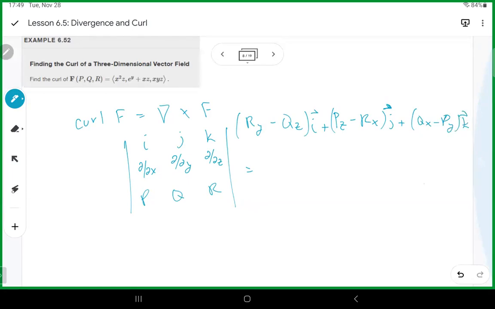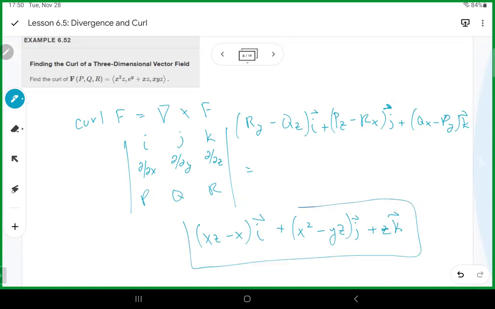So then what we end up getting is xz minus x i plus x squared minus yz j plus z k. That's all I want for that one. You don't have to go any further than that.